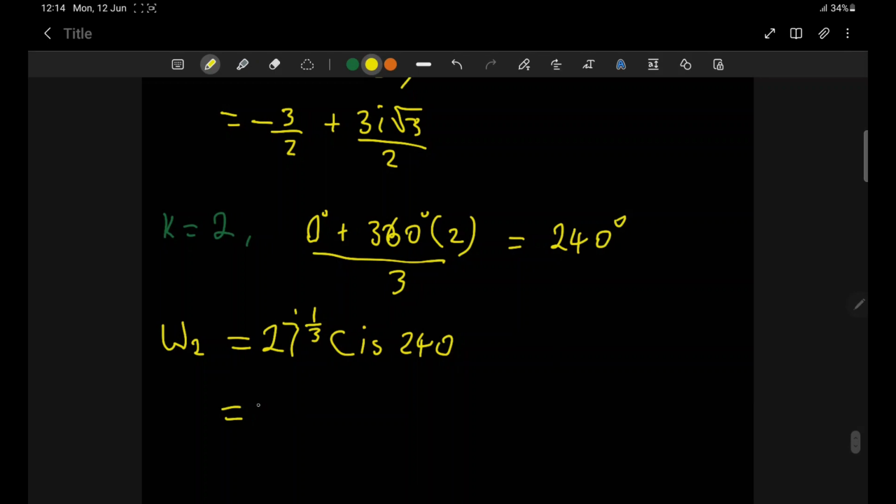This gives us 3 times (cos 240 plus i sine 240).